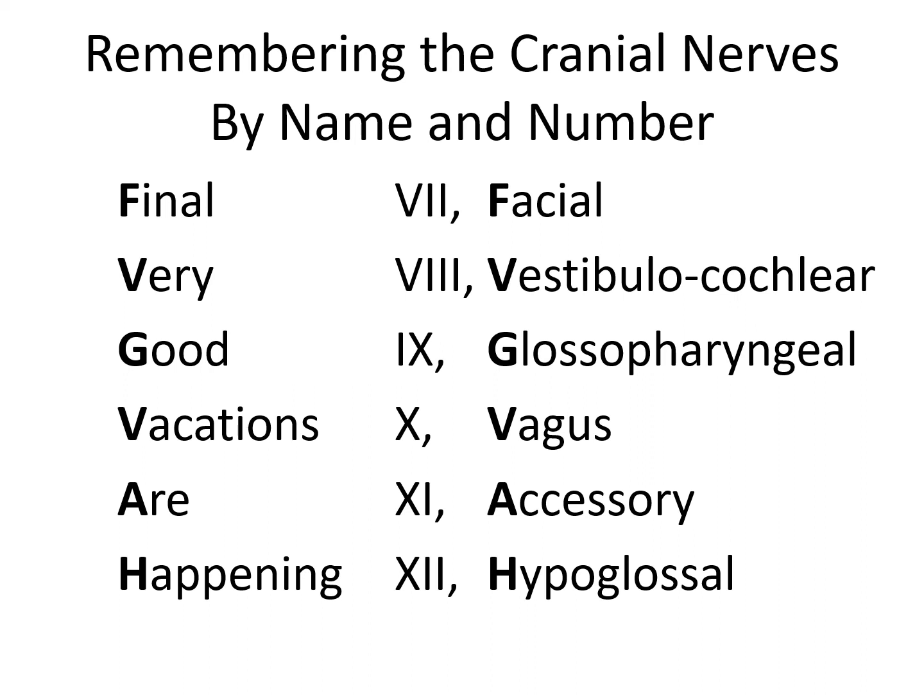And these are named, the first letter is named by each of the cranial nerves. Unfortunately, I went forward, now I can't go backwards. Sorry about that. And so we have 7, 8, 9, 10, 11, 12 for the 12 cranial nerves.